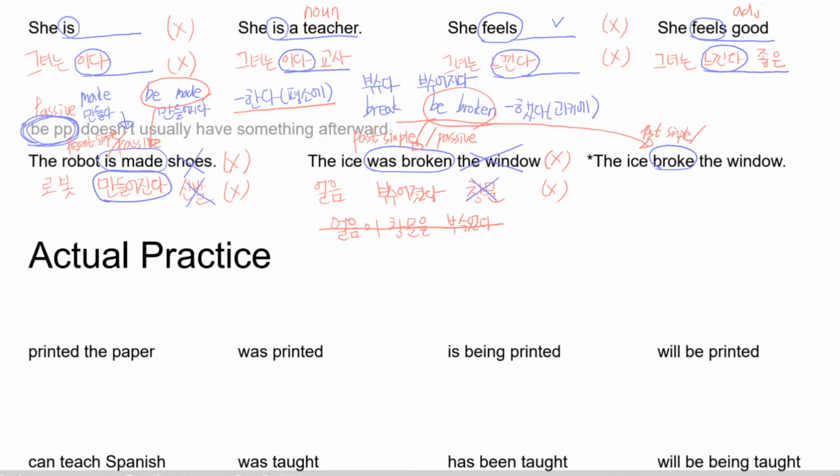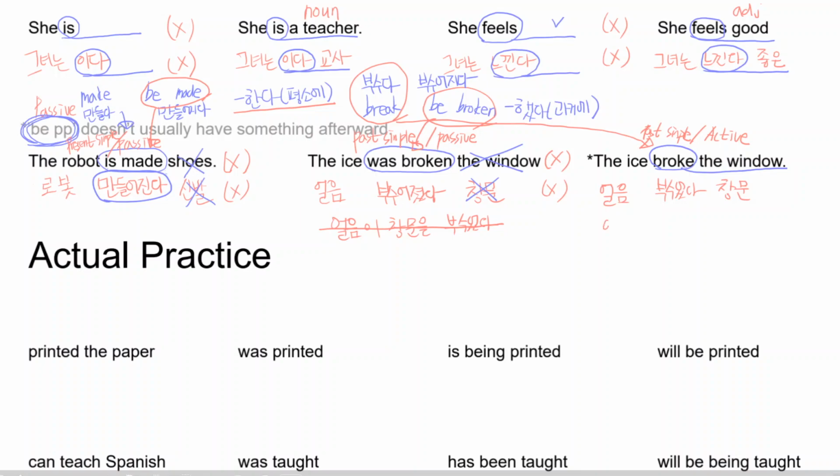So we put break here, so it should be active. So it means 얼음이 부수었다, because it is the past simple of 부수다. So it's 부수었다. And do we make a little underline here or not? 얼음이 부수었다, 창문. So we want to make a little underline here at this time, right? So do you see the difference?